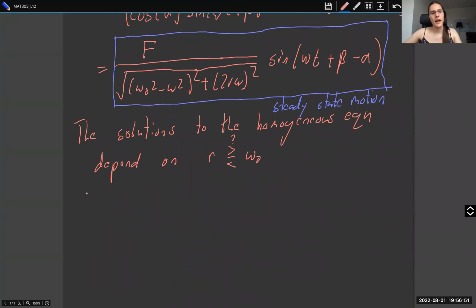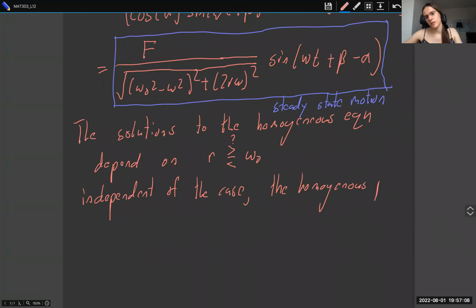So independent of the case, the homogeneous part decays exponentially.